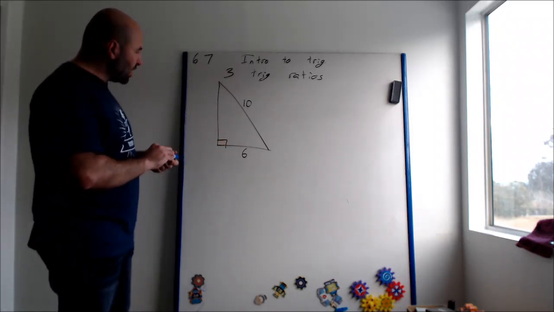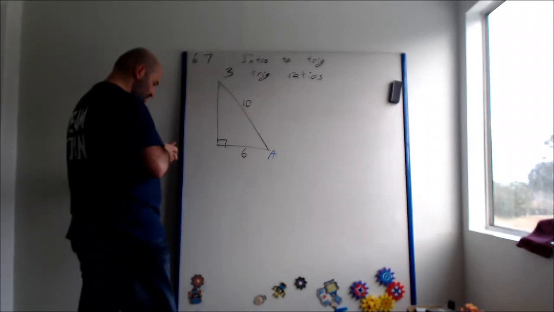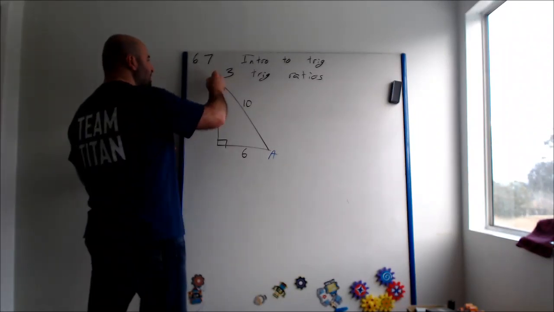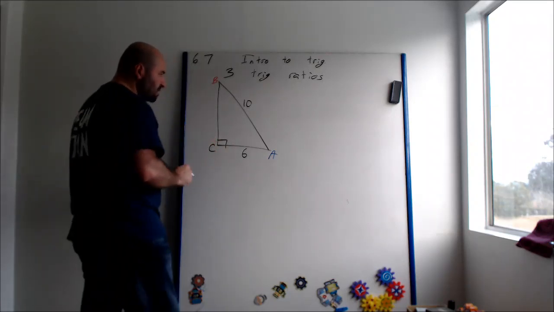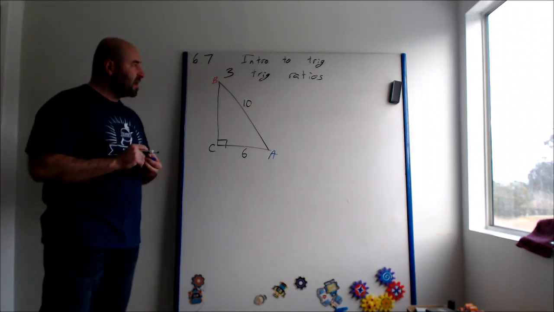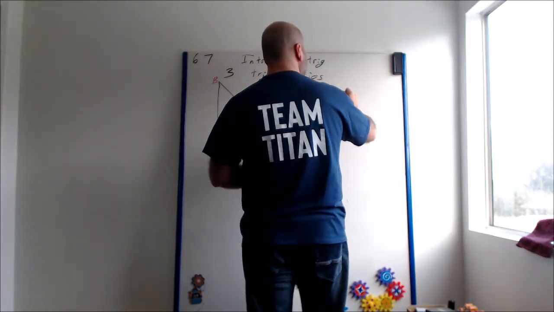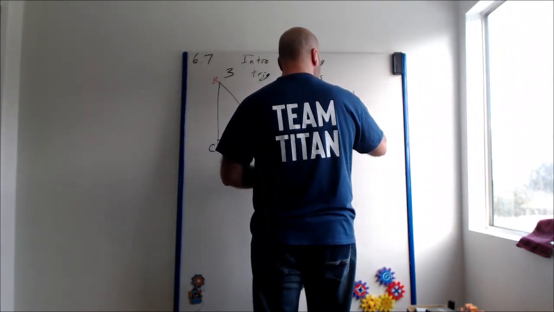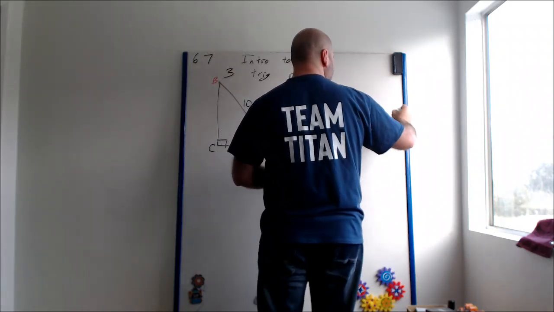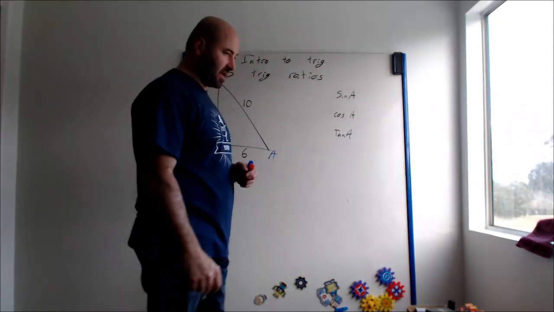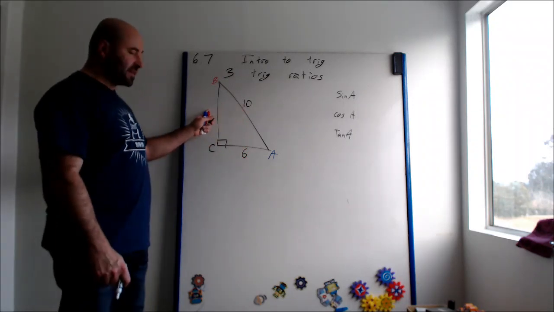And then they'll label one angle as A, the other one as B, and so let's say that this is the problem that we're given, and we are asked to find sine of A, cosine of A, tangent of A, and then we will also do the exact same thing for B.